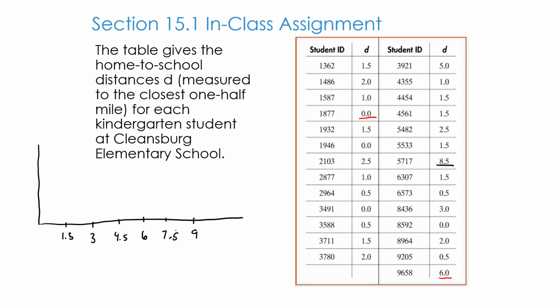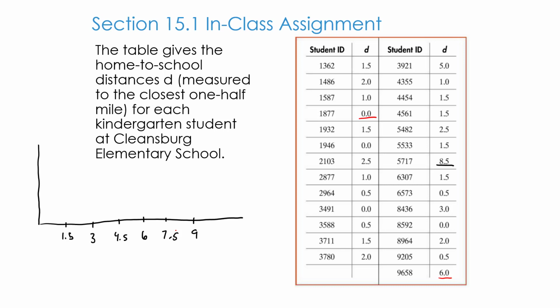So that means for 0 to 1.5, we're going to include 0, 0.5, 1, and 1.5.